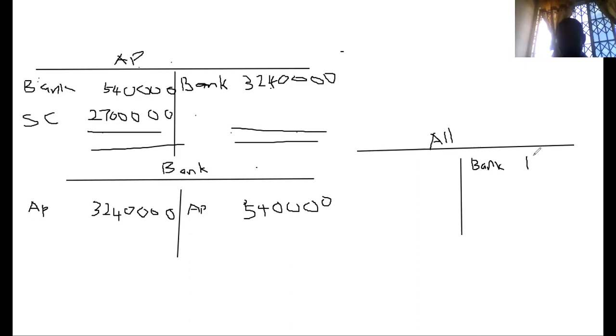So 1,800,000. And then we debit bank. So this is preference shares allotment. So preference shares allotment 1,800,000. 3 zeros.